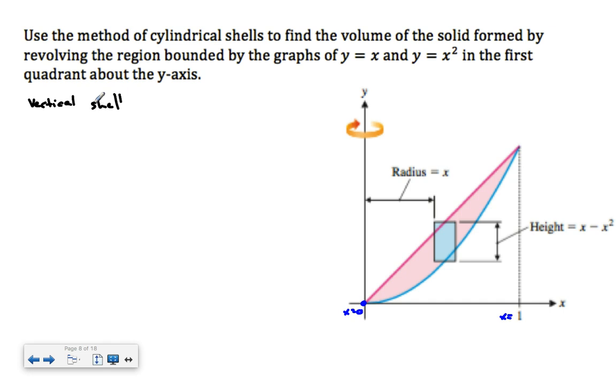You should always just try to take time and identify which method you're going to use and write it at the top so you don't forget. And I know that the radius is going to be x again, and the height of the rectangle is going to be the top curve minus the bottom curve. So it's going to be x minus x squared.